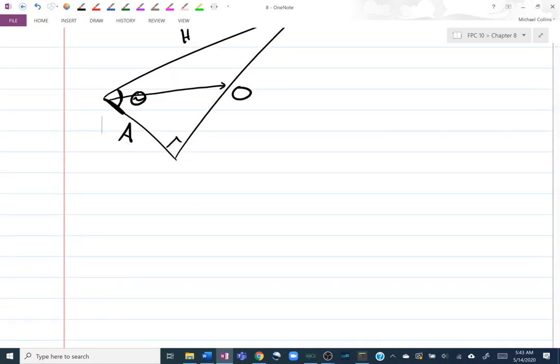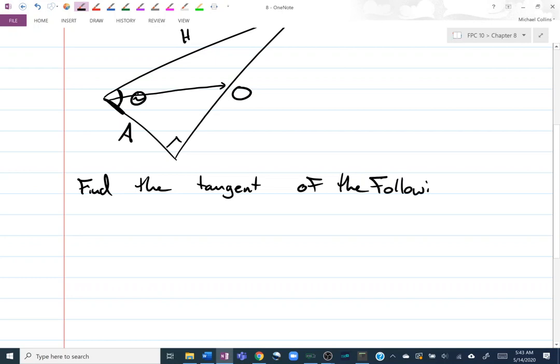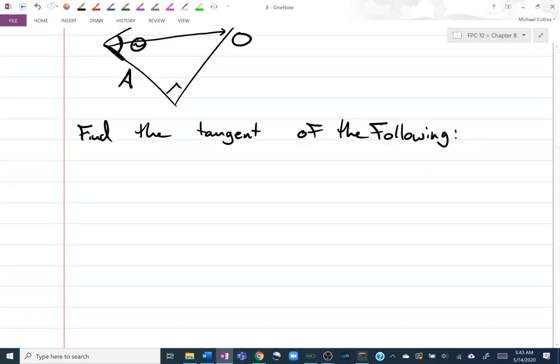So I could ask questions like, find the tangent of the following. And I could give you guys some right angle triangles, and I could label an angle, and I could say this is a 5 and this is an 11.